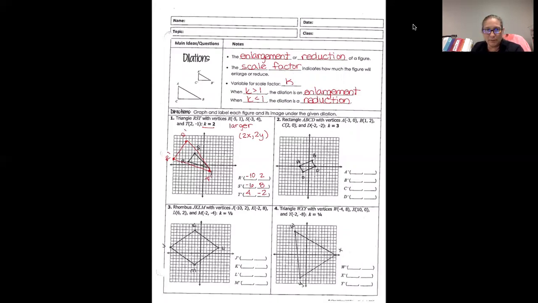As you look at problem number 3, your scale factor is 1/2. That means you're going to take half of X and half of Y. So negative 5, 1, negative 1, 4, 3, 1, and negative 1, negative 2.